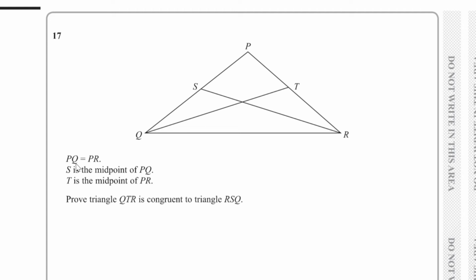Question 17. PQ, that's this length here, is equal to PR, which is this length here. S is the midpoint of PQ, and T is the midpoint of PR. We have to prove that triangle QTR is congruent to triangle RSQ. So first of all, if PQ is equal to PR, that's given, that means that the triangle PQR is isosceles.